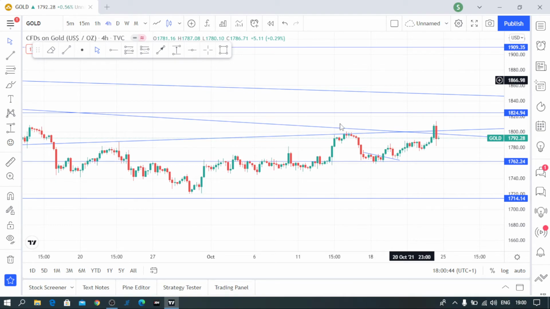What we see here, on this level the market closed below. It went up on this horizontal trend line, traded above, came back below. So what we're expecting here is something like this, the market to open like this.